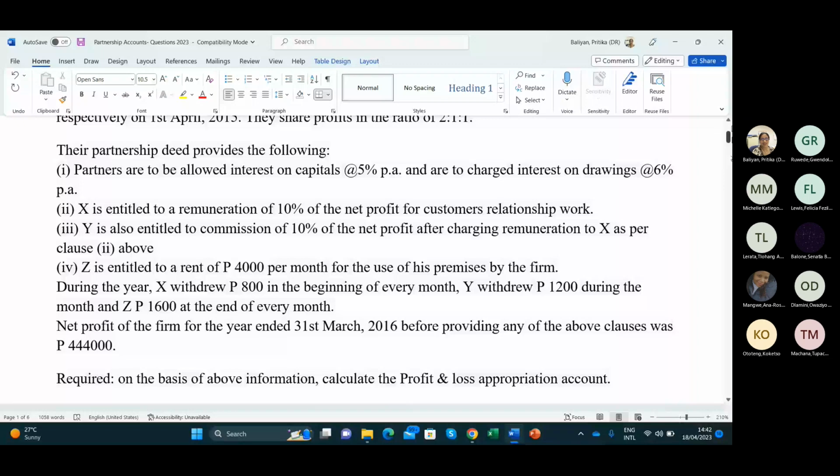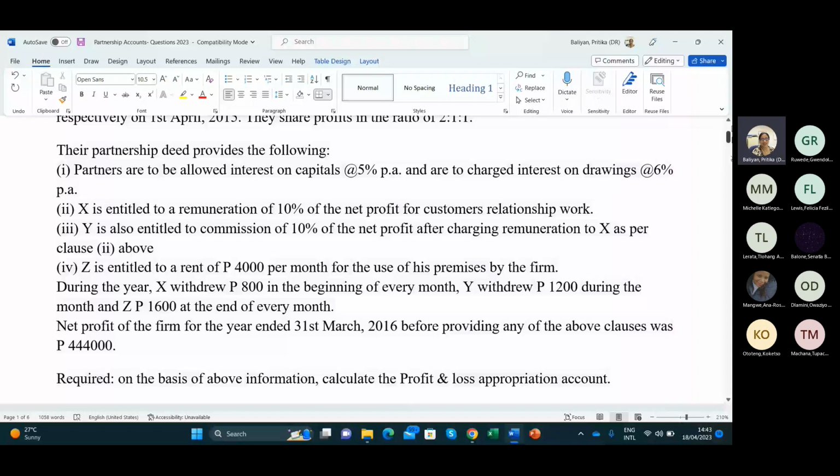Middle of January, February, it is going to be 12 months, or 11 months and 15 days during the month.